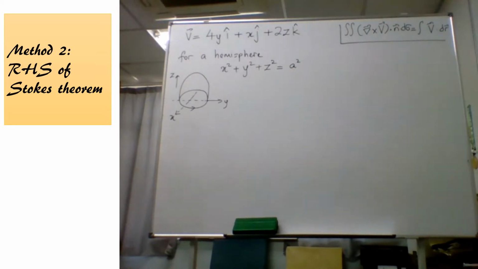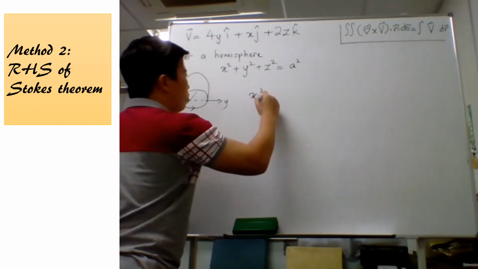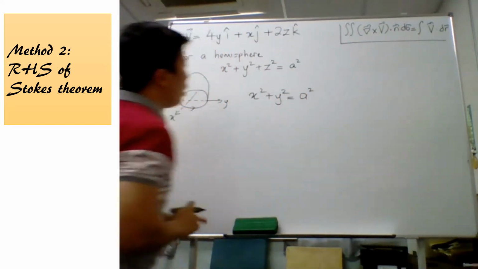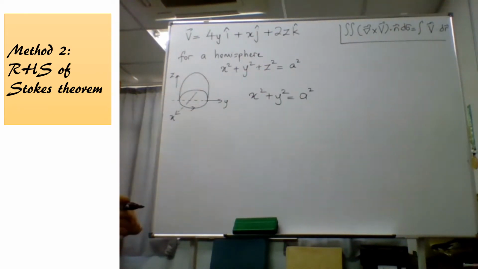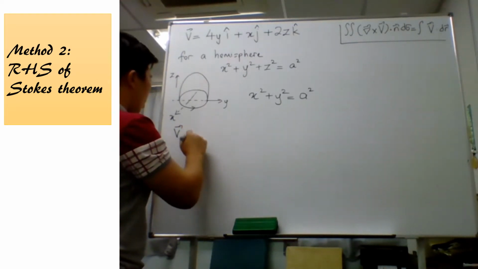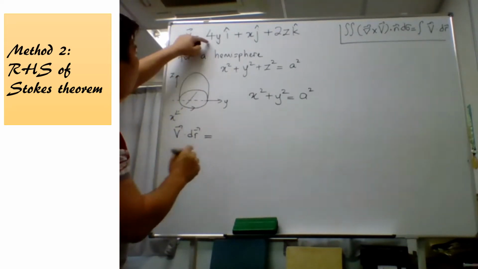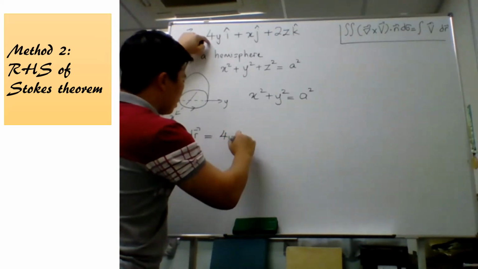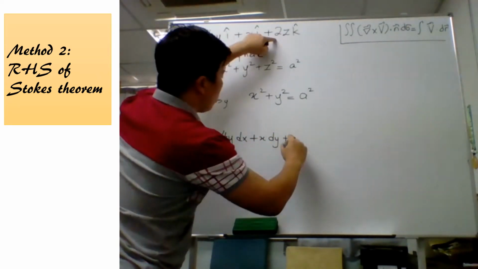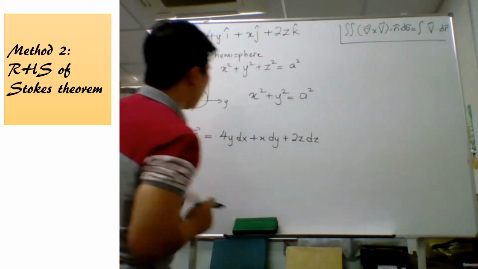So here the equation that I will have is basically x squared plus y squared equals a squared, because my z is equal to 0. Okay, so now I will take v dot dr. In this case, v dot dr is going to be 4y dx plus x dy plus 2z dz.